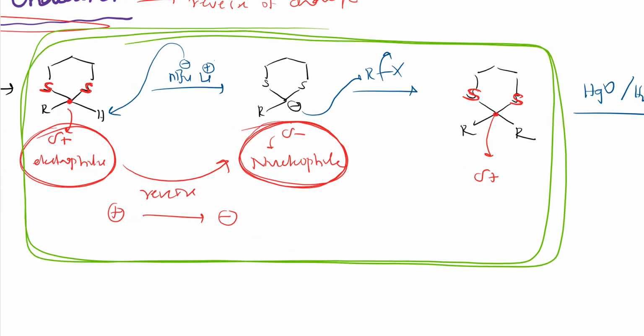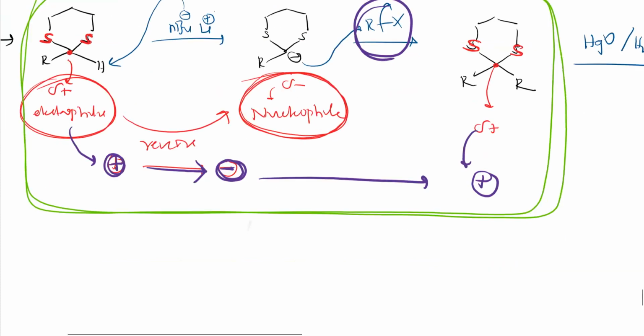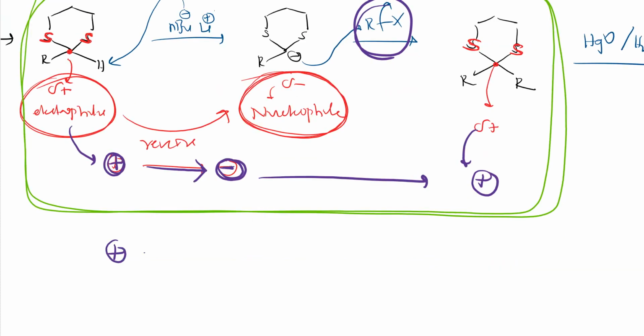You can see here initially it was plus in the 1,3-dithiane. Further, when I react with a strong base, the reversal of charge happened and this carbon gets a negative charge. Further, when I do an SN2 reaction, again it became plus here. So it is reversal of charge. Initially it was plus, with some reaction it became negative, and with some other reaction it became positive. So this is a change in polarity.